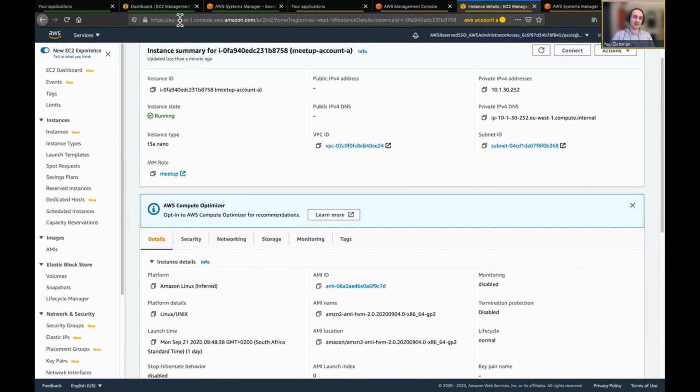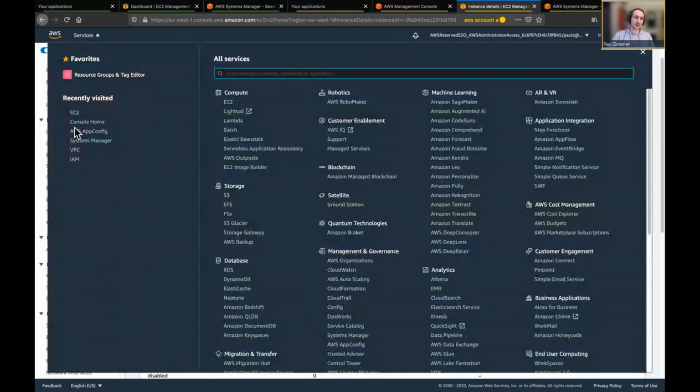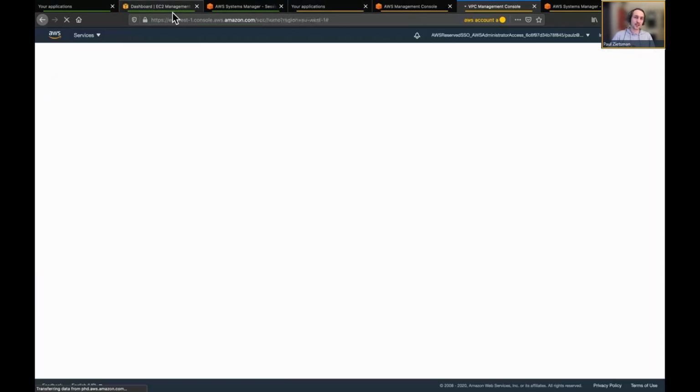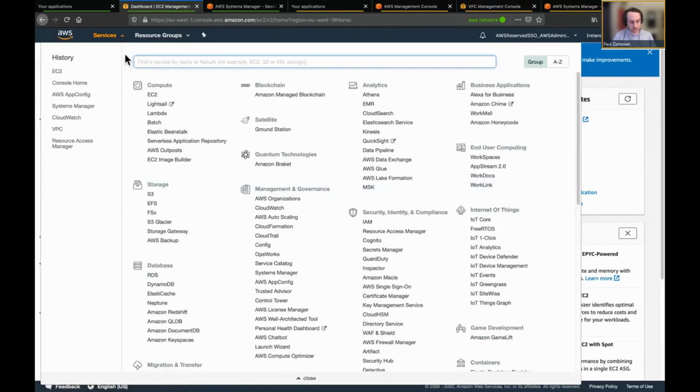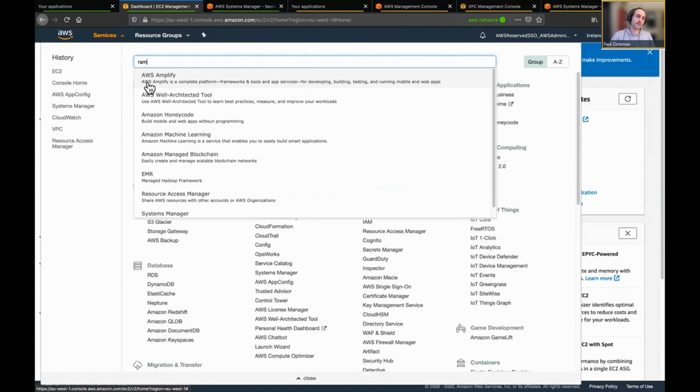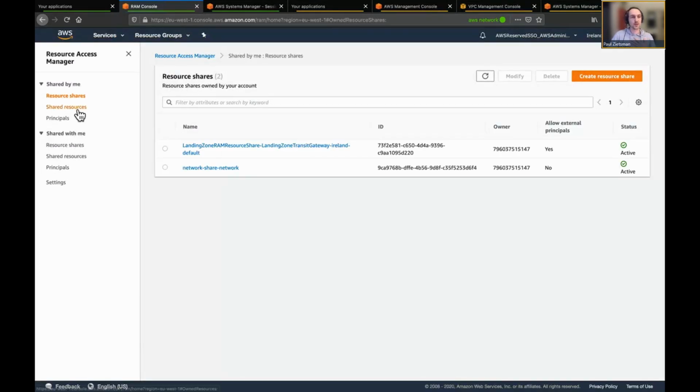So these EC2s live in different accounts. This is a networking account. What this looks like from this account that I'm sharing. So over here I'm in account A. So in the networking account, if I go to RAM, let's see, there's a share in there for the subnets.